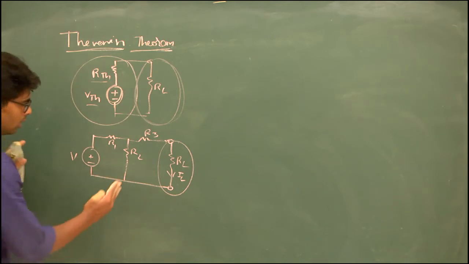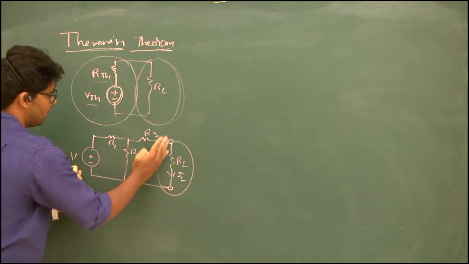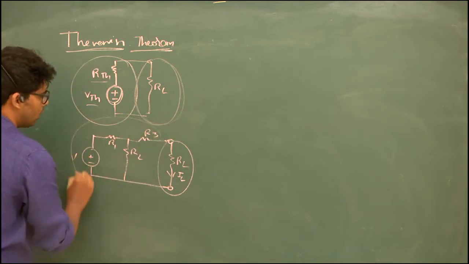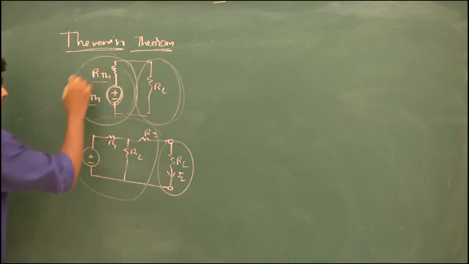This is the load circuit and this is the source circuit. We have to replace this source circuit, the whole left side, with one circuit, that is a Thevenin circuit.